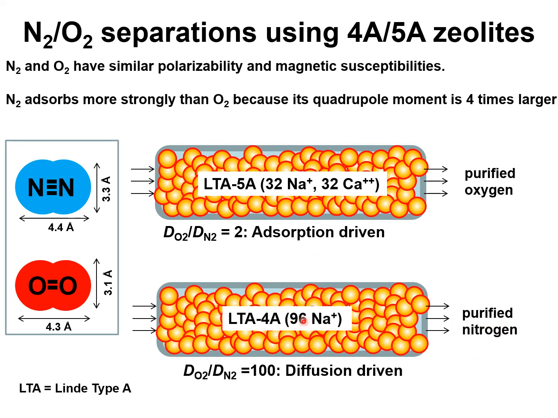This is how we exploit the window blocking phenomena to either make purified oxygen or purified nitrogen. Both are used in industrial practice.